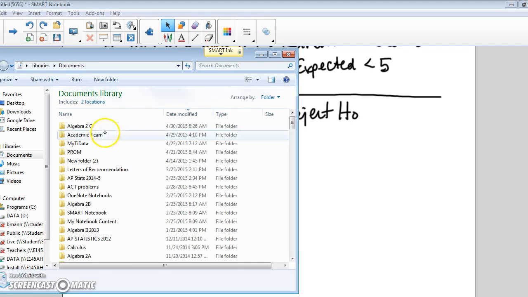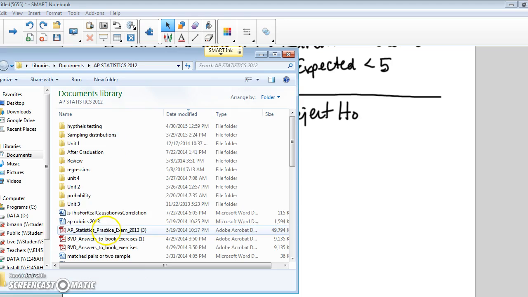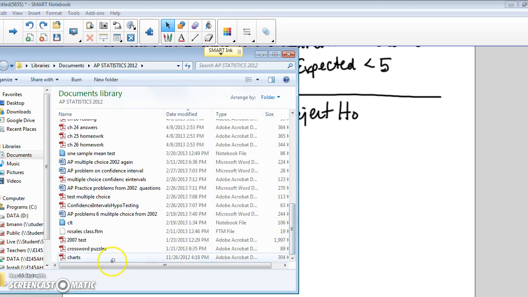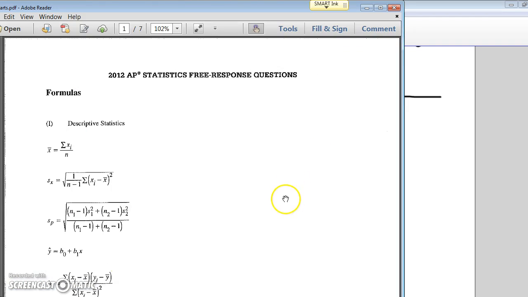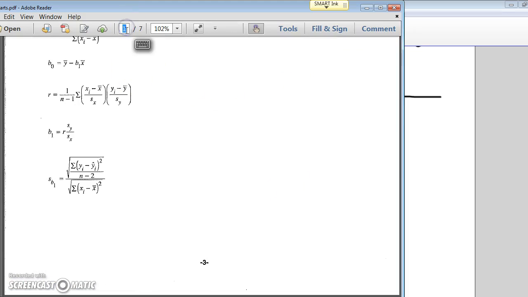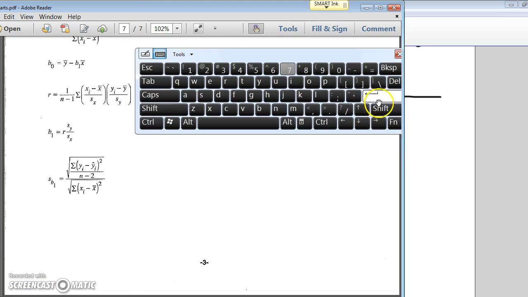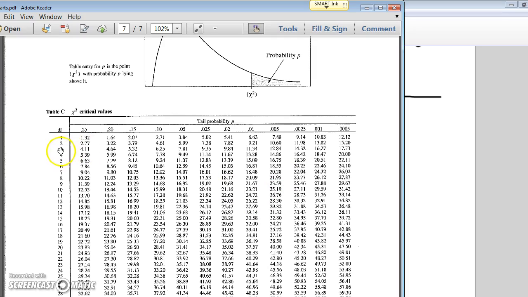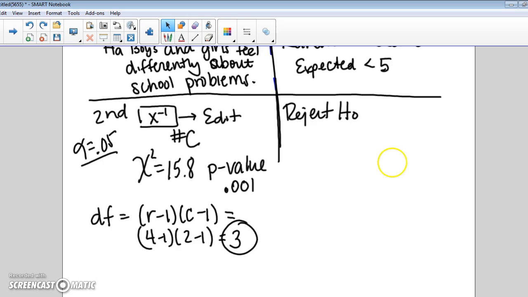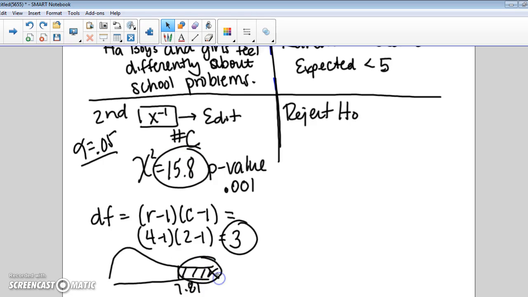And on our table, for our charts, the last chart, our degree of freedom of 3 at .05 would be 7.81. So on our picture for chi-squared, 7.81 will be here, so we're obviously in, this is way past that, so we're in the shaded region.